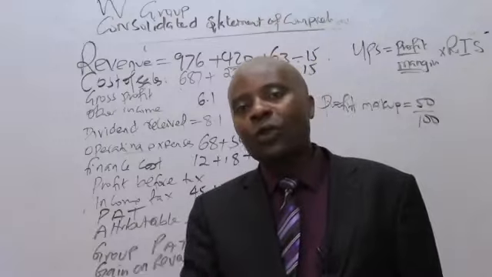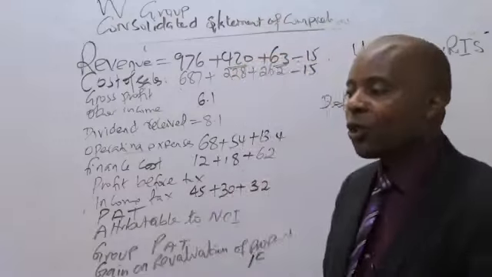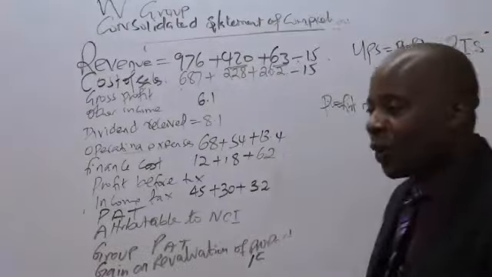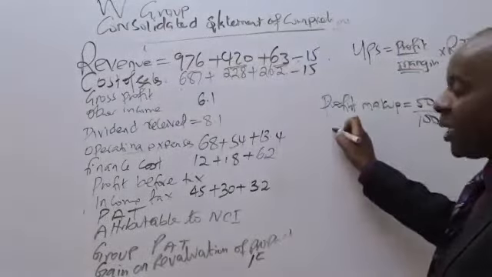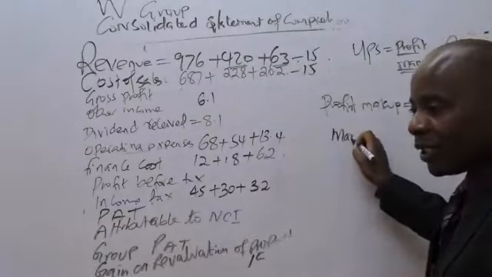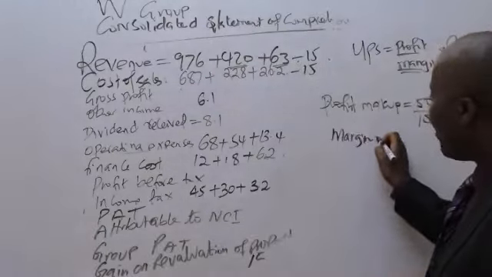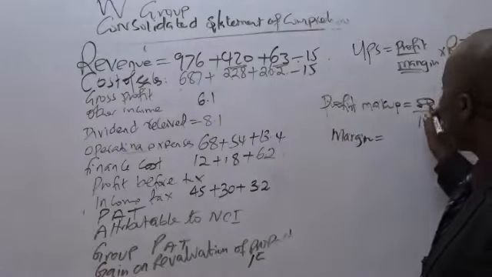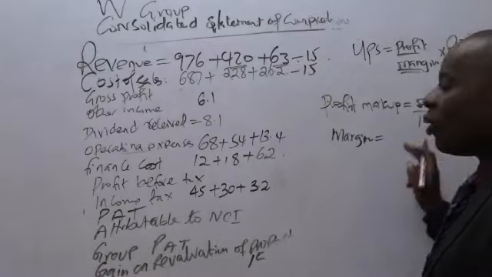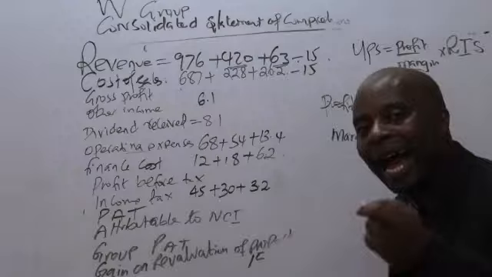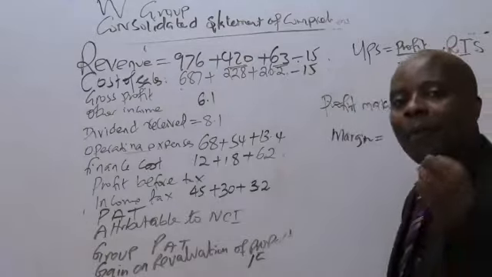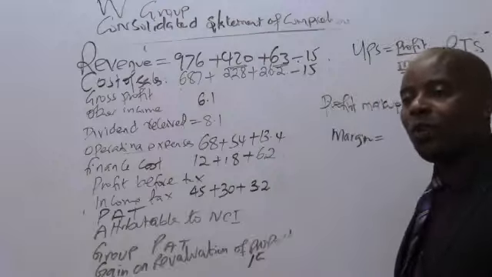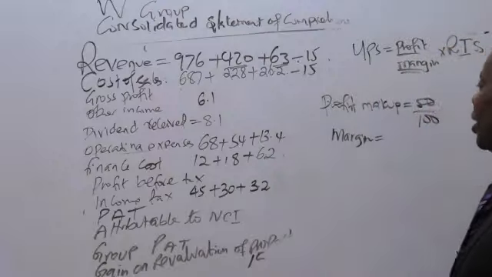So in group consolidation, we always prefer the margin. If this is 50 over 100, we know that margin has a bigger denominator. And how do we get this bigger denominator?